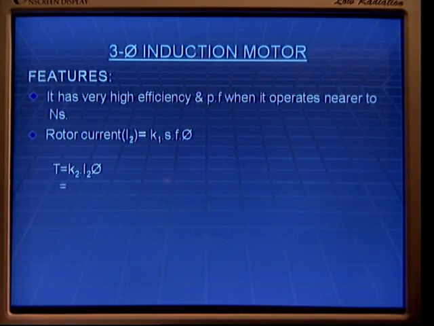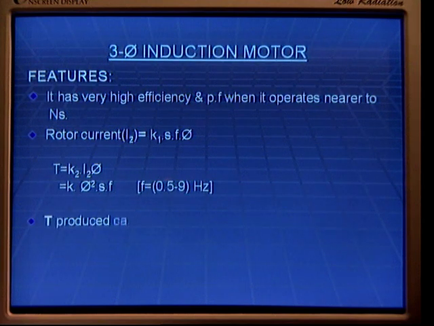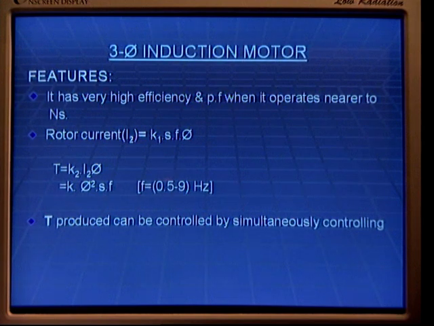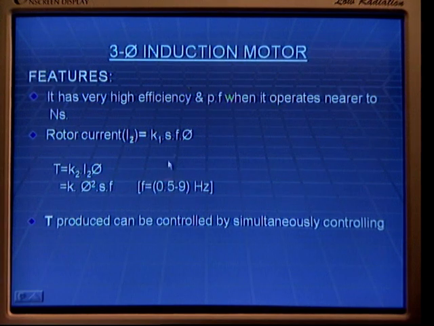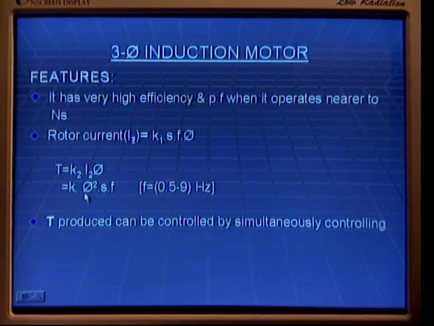It is possible, you can see here. Let us assume the rotor current I2 is equal to some constant times slip frequency and rotating magnetic field. Similarly, the torque is equal to some constant times rotor current and field. Substituting the I2 value in this equation, we get K times phi squared times slip frequency.